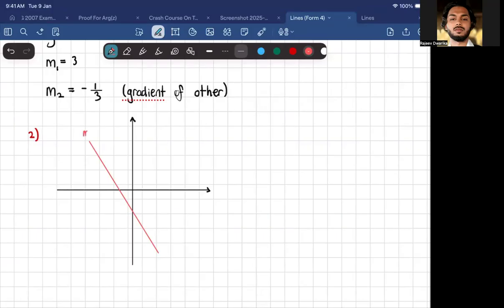So I'm going to call this -4. Why not? So what I want you all to do for me, I want you all to copy this down and draw a line perpendicular to that red line and state what the gradient of that new line is.